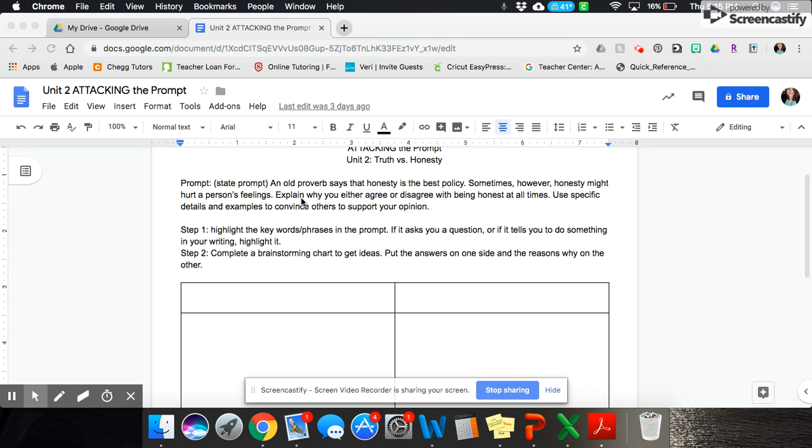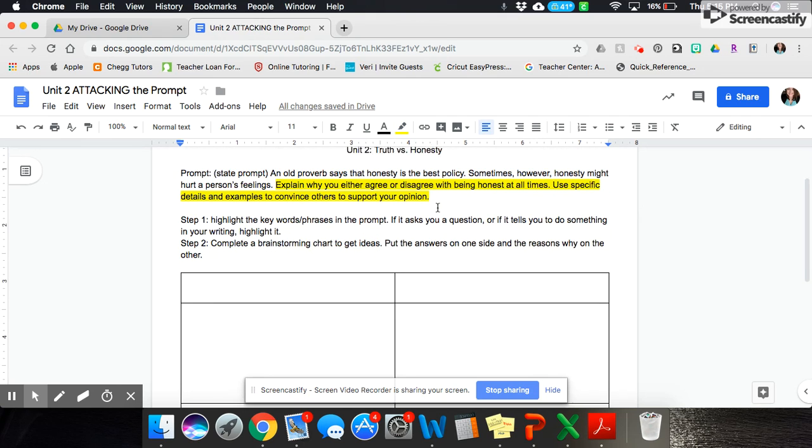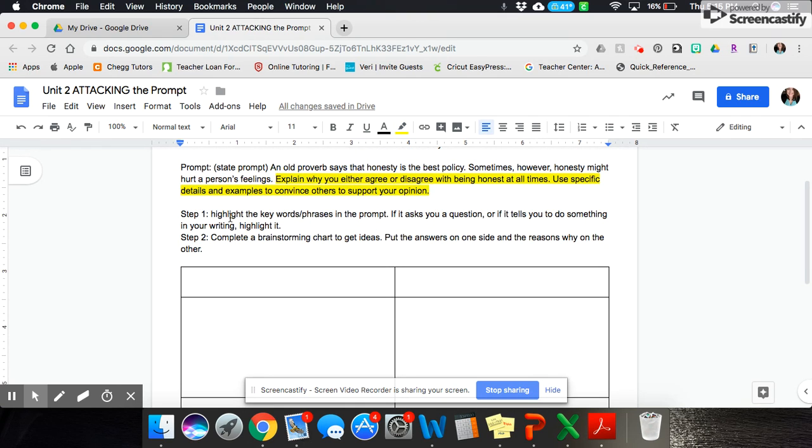That is telling you to do something in your writing. So we're going to highlight that with our highlighter. So I will just go ahead and highlight that with my highlighter, like so. All right, so step 1 is done.